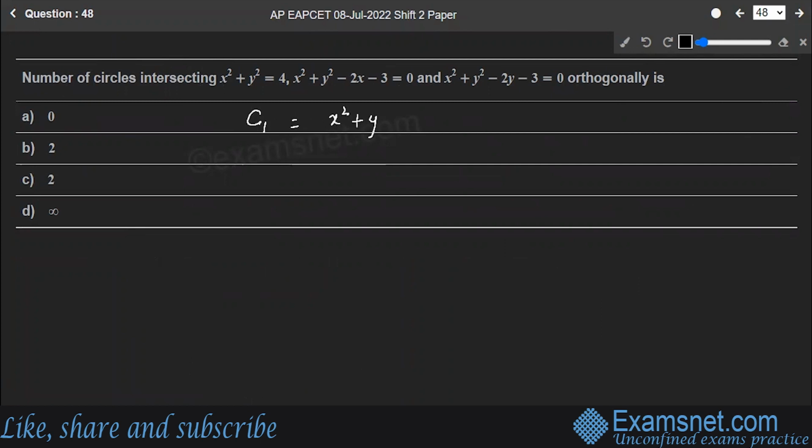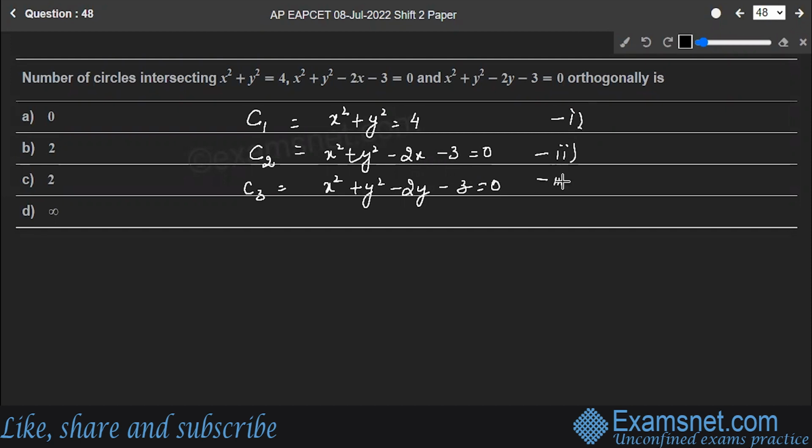C1 is x square plus y square is equal to 4. C2 can be written as x square plus y square minus 2x minus 3 is equal to 0. C3 can be written as x square plus y square minus 2y minus 3 is equal to 0. So this is equation 1, this is 2 and 3. Correct?